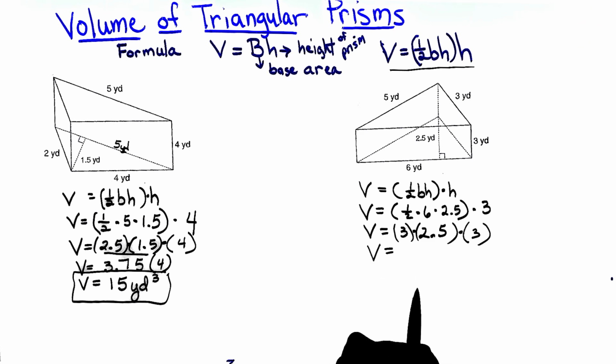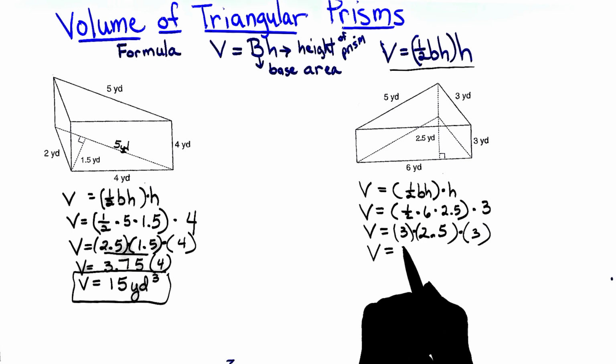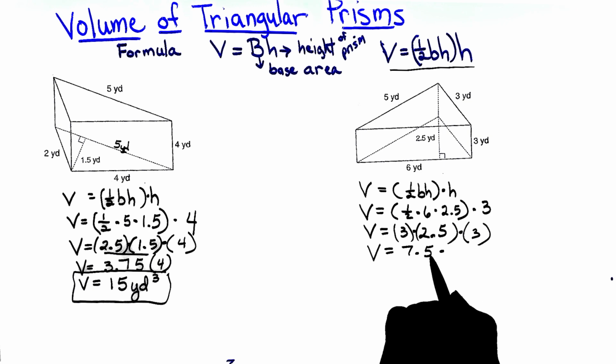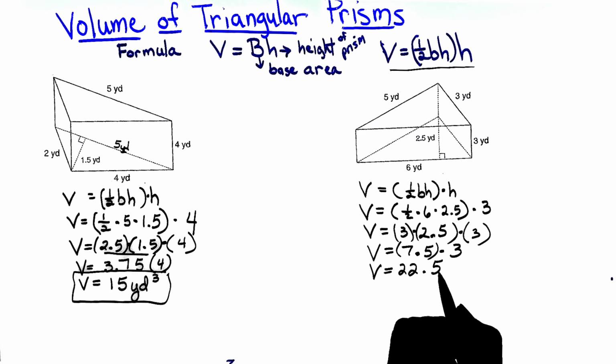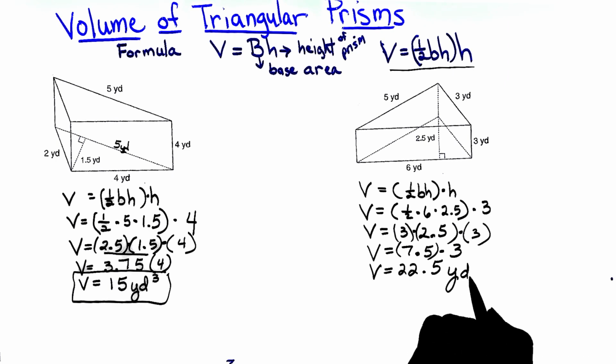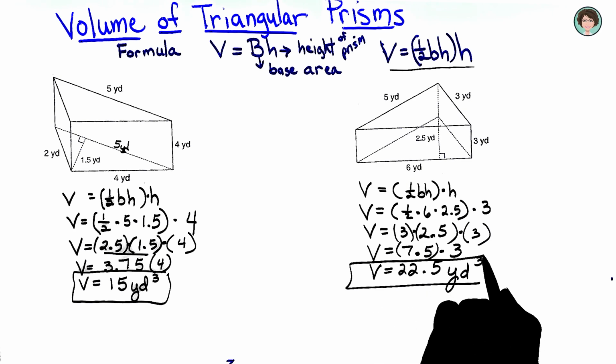So the volume is equal to 3 times 2.5 is 7.5. And we will multiply that 7.5 by 3. So the volume is going to be equal to 22 and 5/10 yards cubed. And there is our answer.